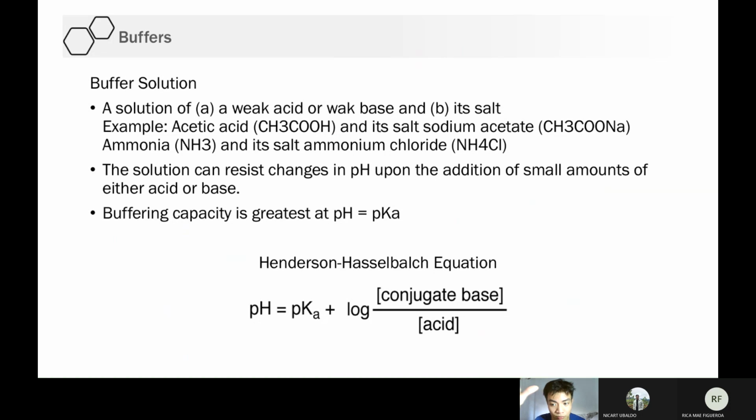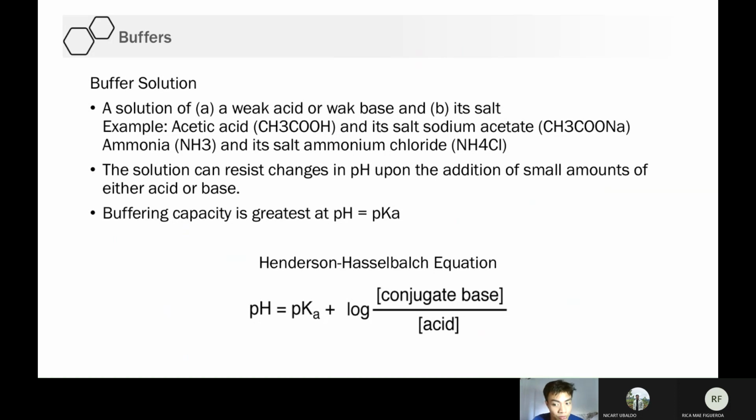So, mini-maintain niya yung pH value. Okay. So, tinatry niya maging constant yung pH nang hindi nagbabago bigla-bigla. Because without buffers, malaki yung changes agad sa concentration or sa pH natin.